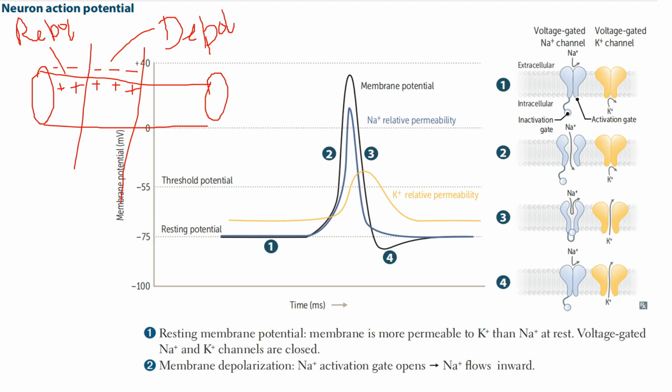The inside is going to be the negative charge again, and the outside is going to be the positive charge again, as it was before the stimulus. So this is what is called repolarization, and this is the depolarization.